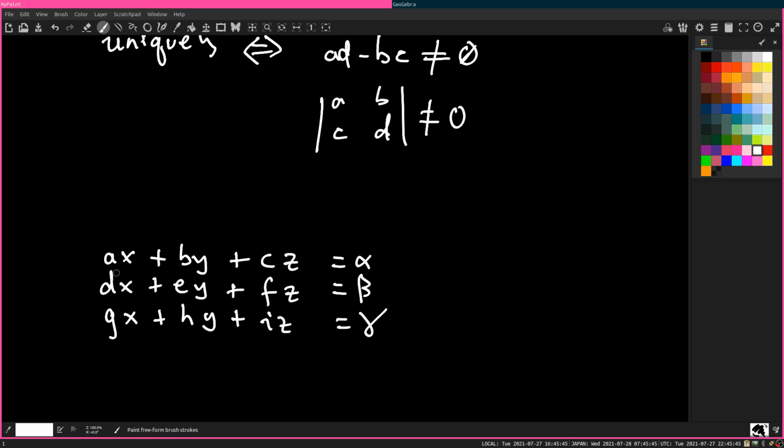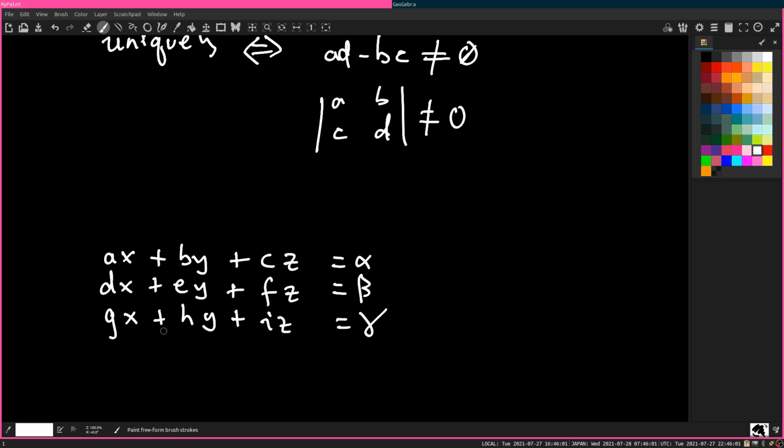Okay, and then the same thing actually is true here, but it's much harder to visualize the 3x3 determinant. I'm going to give you, in a couple videos, a really cool way to visualize the determinant, and maybe that'll convince you that there's something going on here.